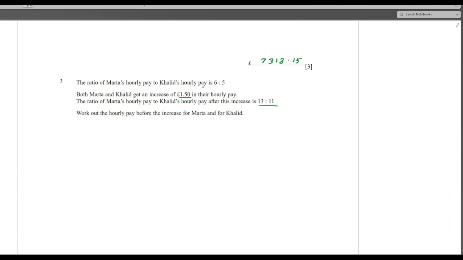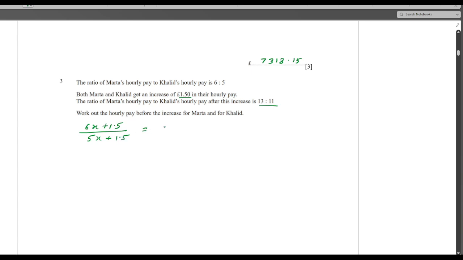So before, their pay will be 6x and 5x. So when I add 1.5 to both, my result will become 13 divided by 11. Now after increasing their pay by 1.5, the ratio will become 13 divided by 11.